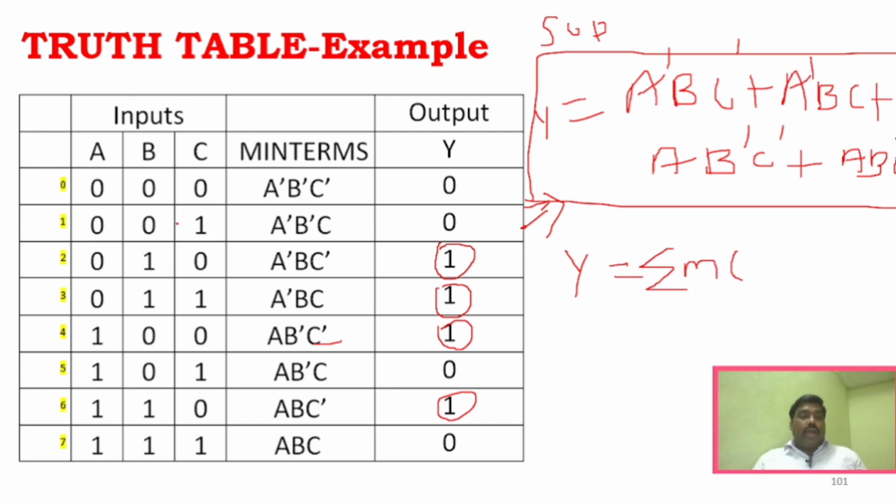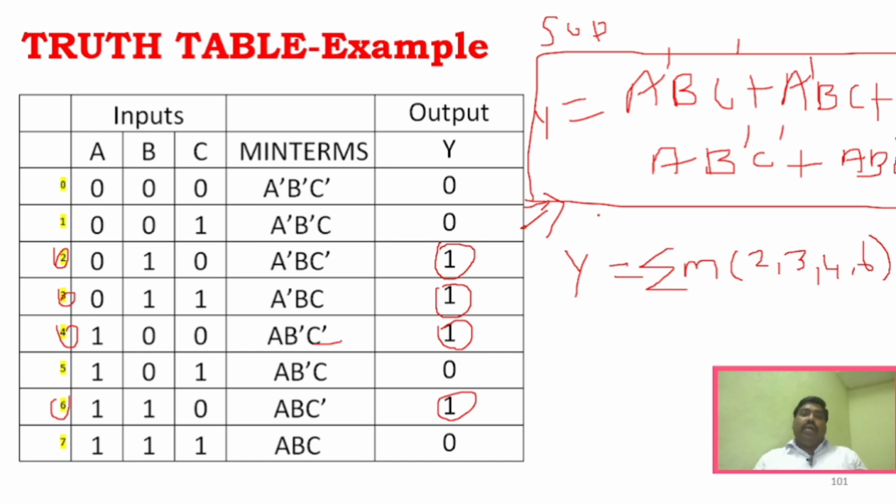This is 0, 1, 2, 3, 4, 5, 6, 7. So this is 2, 3, 4, 6, the corresponding ones, right? The one and its corresponding values. So we can write it as 2, 3, 4 and 6. This is how we can simplify this particular expression. Clear? This is called the canonical form, right?